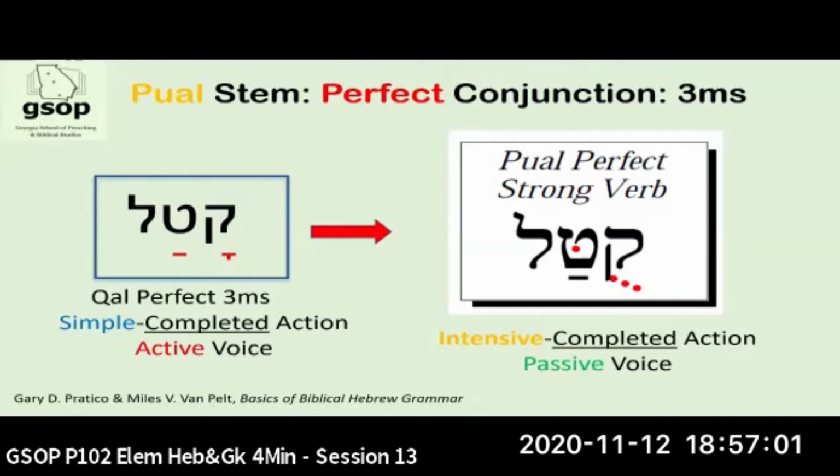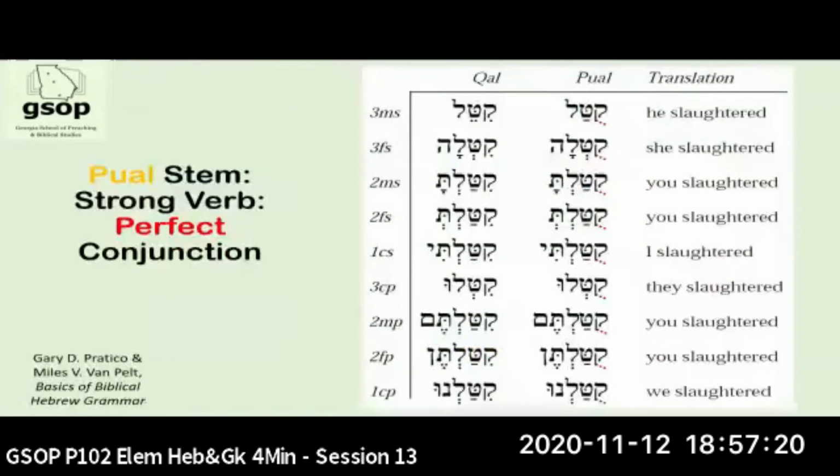There's some, but relative to the qamets, the patach, and the hireq, there's not many qibbuts used relative to them. And so it makes it pretty easy to stand out. Quttal, an intensive completed action, passive voice.